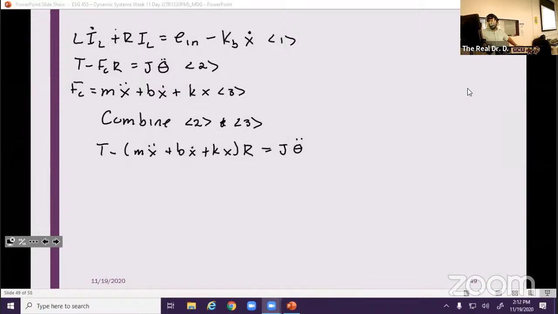Well, remember, we know that x is equal to r times theta, and so therefore theta is equal to x divided by r. Omega is equal to x dot over r, and alpha is x double dot over r.